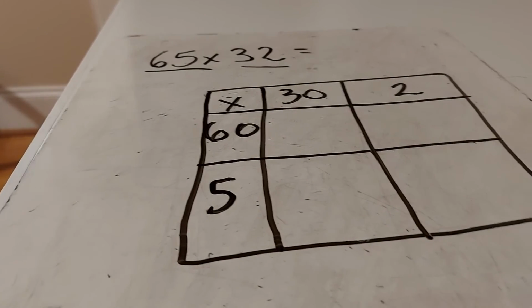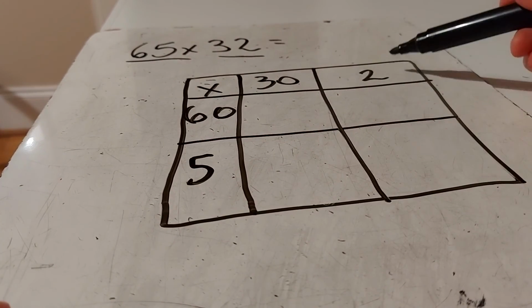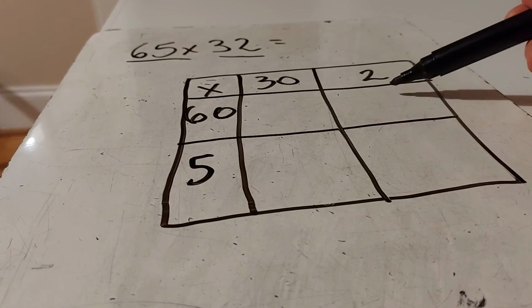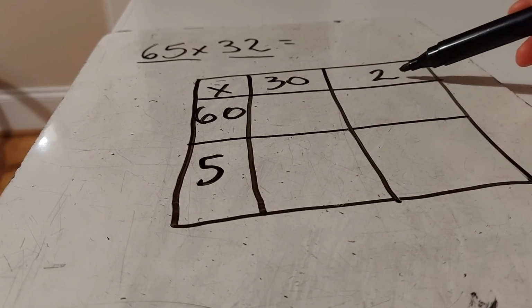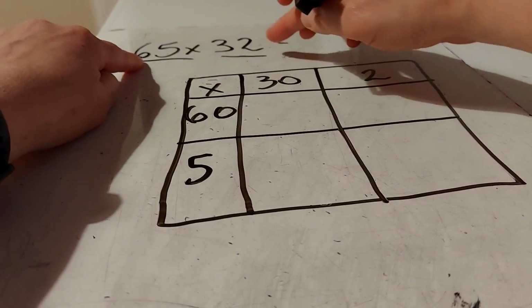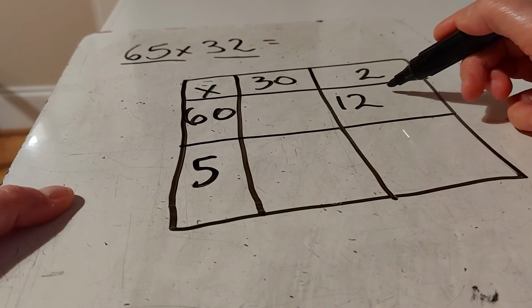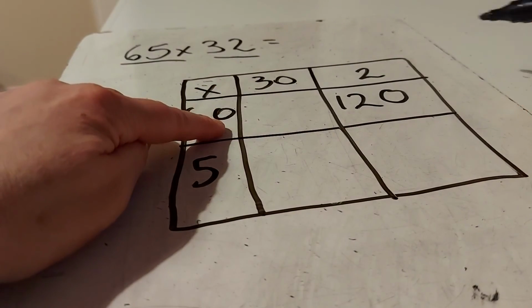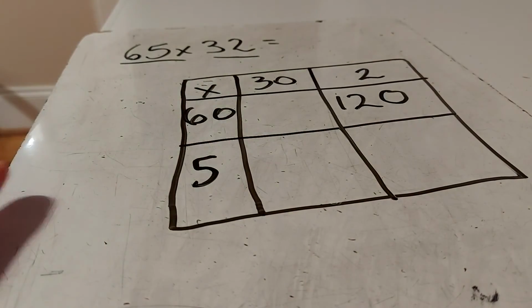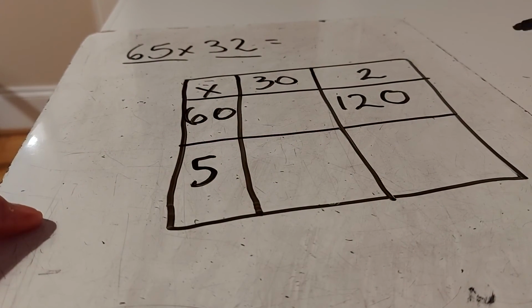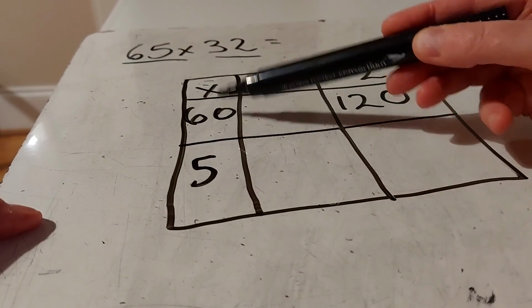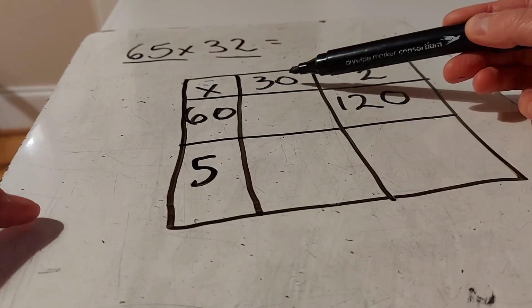You don't make any careless mistakes, okay? So we'll start here, 60 times 2, because we have to do the 60 times the 2. 6 times 2 is 12. Add a 0 to make it 10 times bigger, because there's a 0 on the 60. That's that square done. Here, 60 times 30, wow!